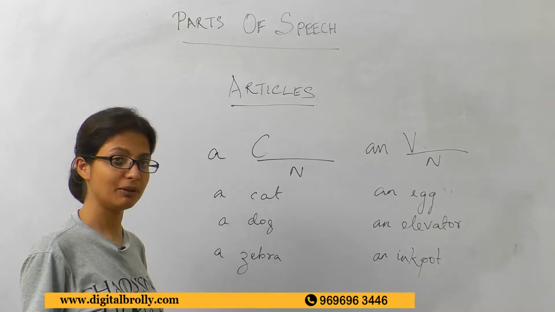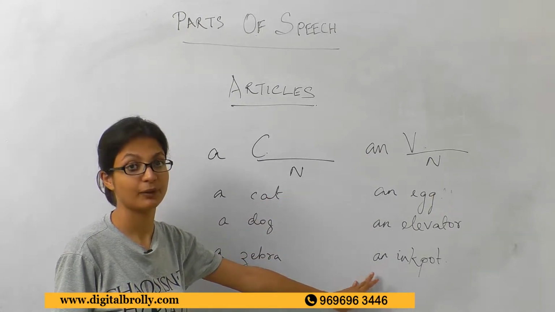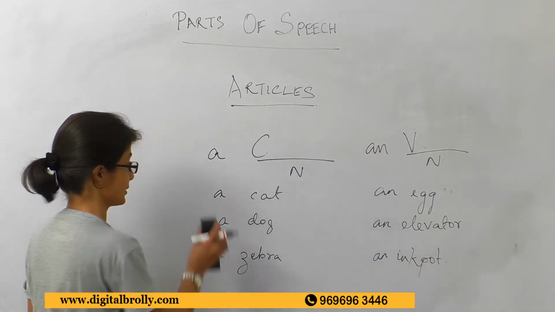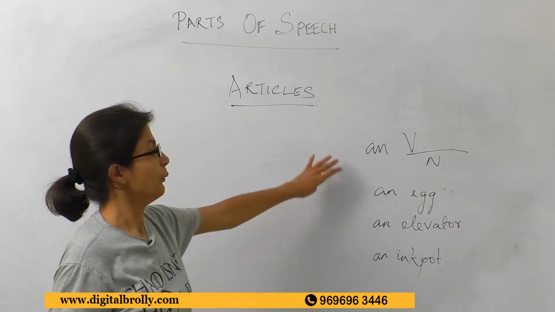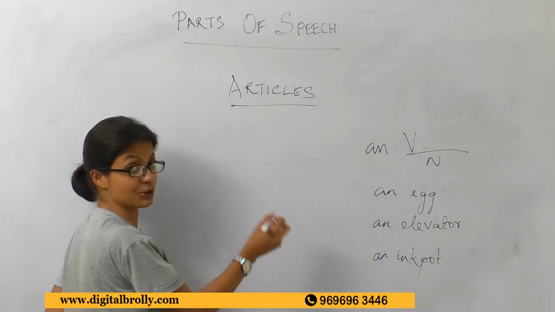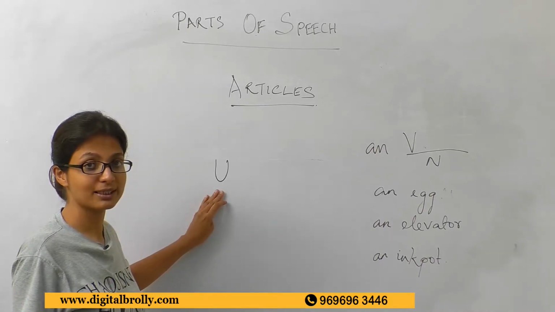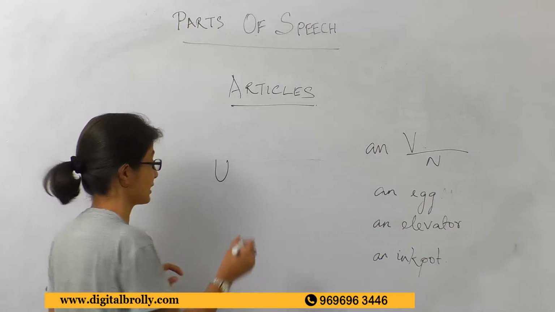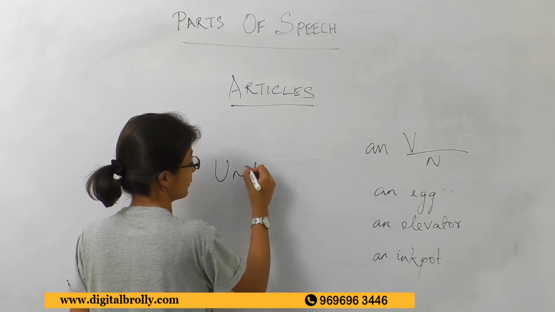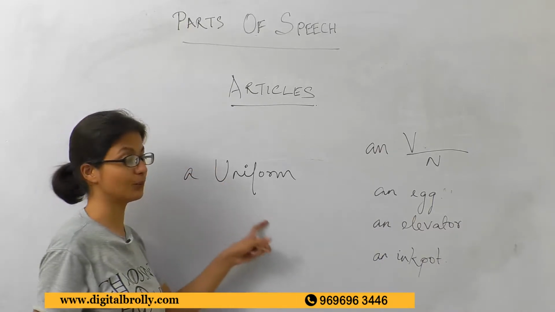However, you have to remember that there is an exception to this rule: the vowel u. Whenever a word starts with a vowel u and is pronounced as a complete u, for example, uniform, okay, you have a uniform.